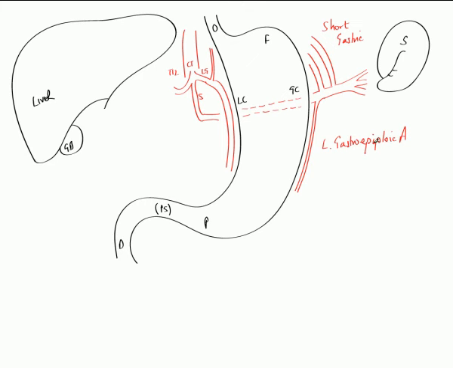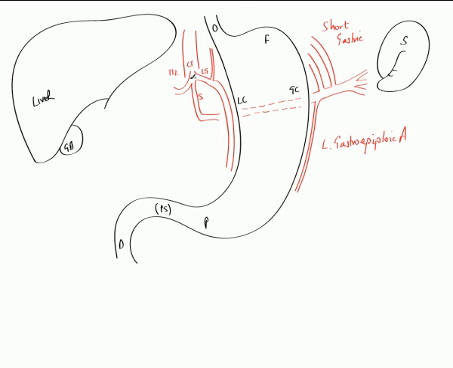Here we've got the left gastroepiploic artery, and that's supplying this greater curvature. So coming from the celiac trunk, we've seen the left gastric supplying the lesser curvature, and here we've got the splenic that travels behind the stomach and goes towards the spleen. Before it gets to the spleen, it gives off a series of short gastric arteries, and also the left gastroepiploic that runs down the greater curvature.